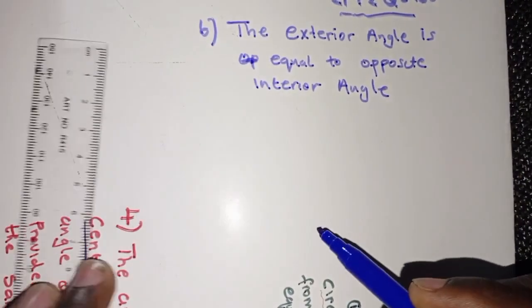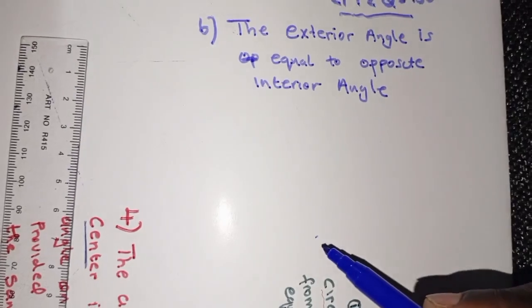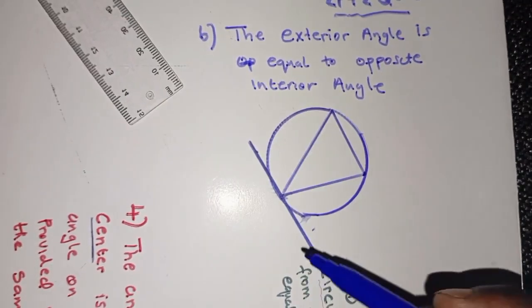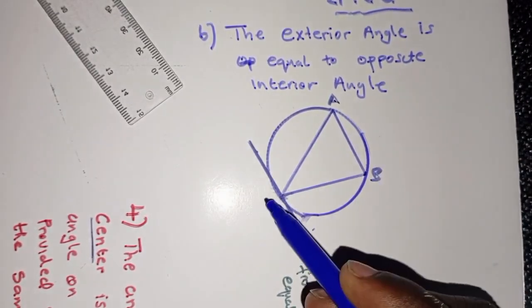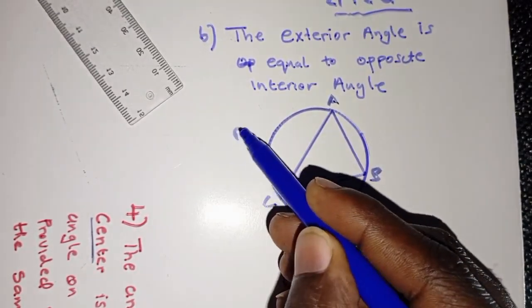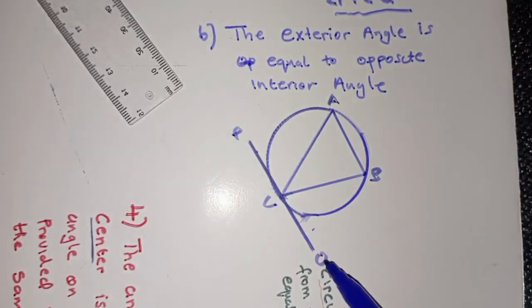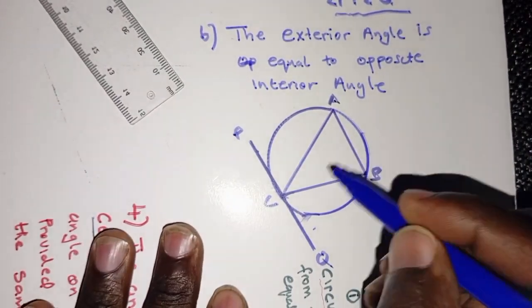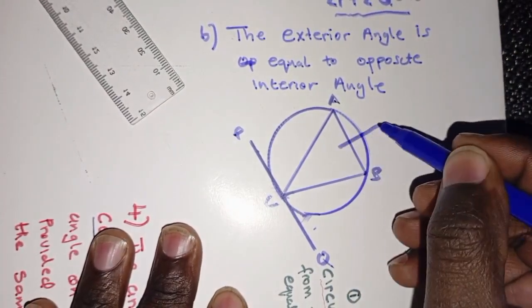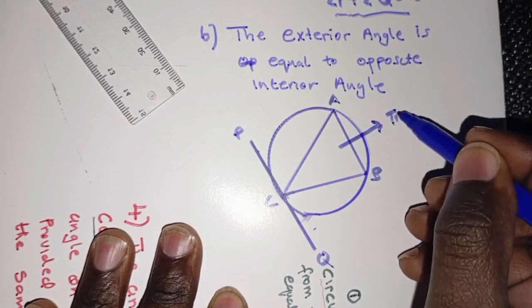Let me just show you what we mean here. Here we have something. Let's say we have A, B, C, and we have P, O, Q. Let's put Q here. So what we mean by the exterior angle? This is the triangle.